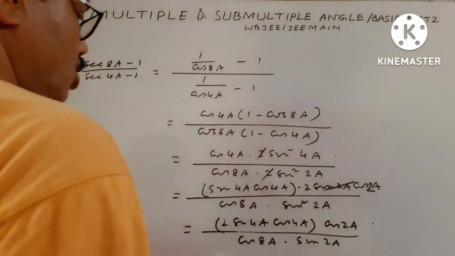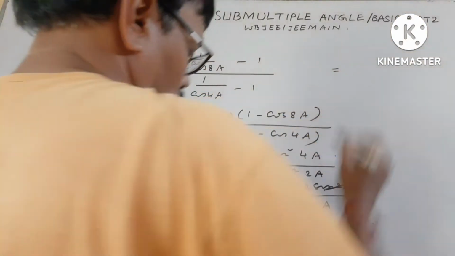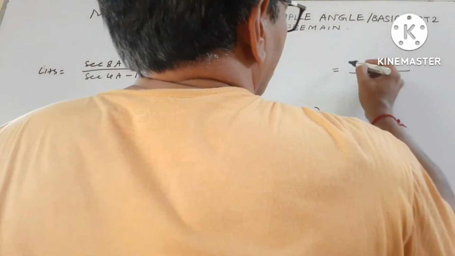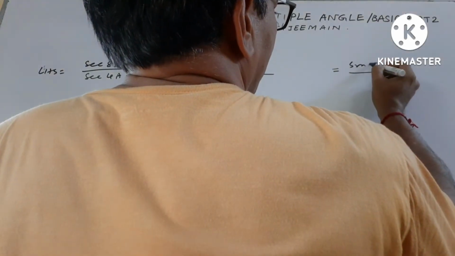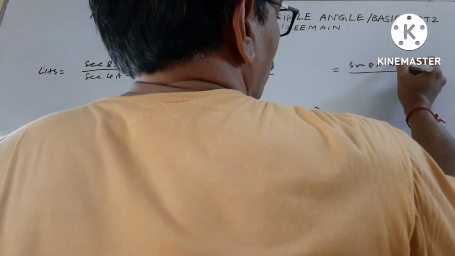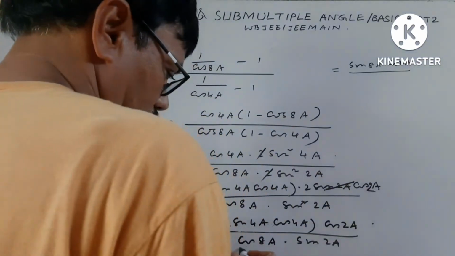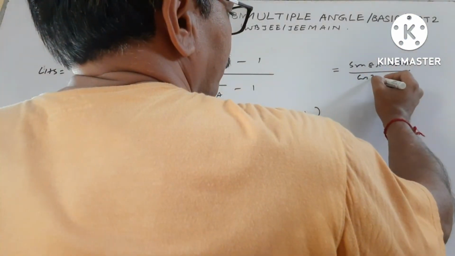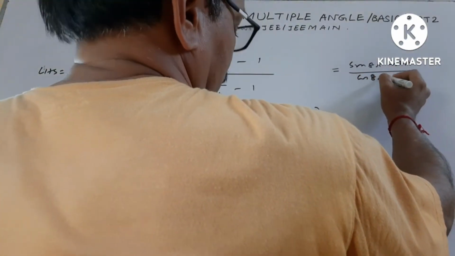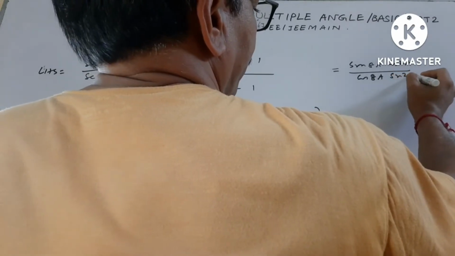So the next step is, you look, this is sin 8a and cos 2a unchanged. This is cos 2a, cos 8a, sin 2a.